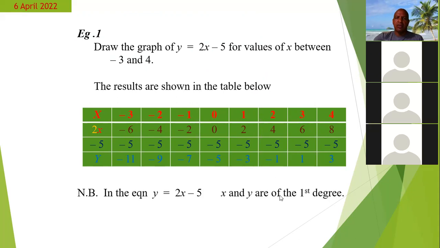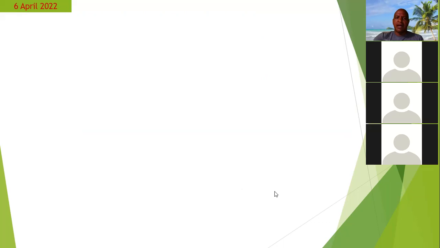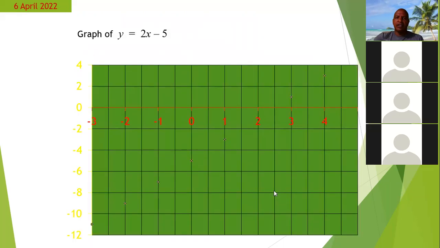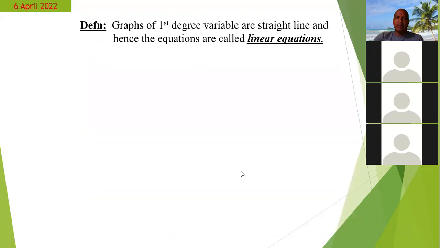And then now we would have had our graph looking something like this, which is a straight line. And if you don't have a straight line, it means that you need to check your points, all right? All right, guys. Now, graph of the first degree.